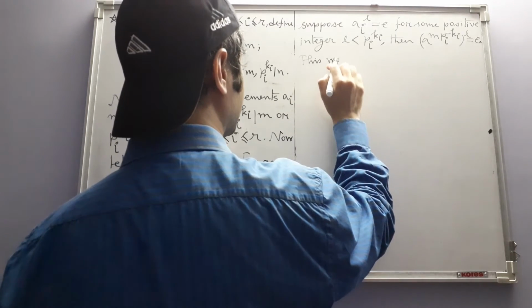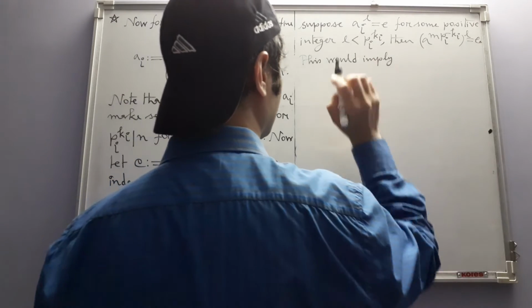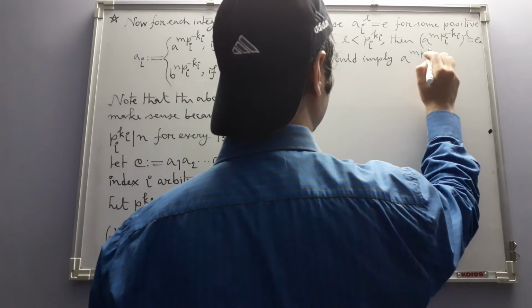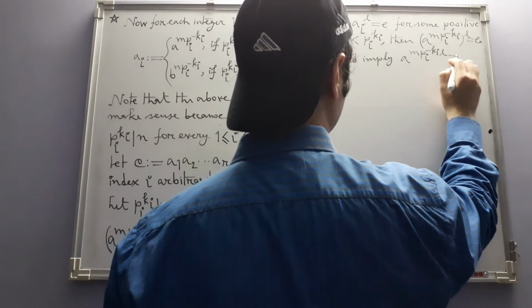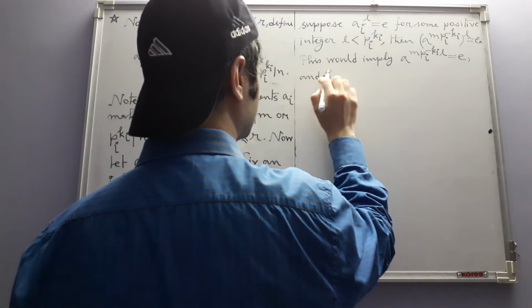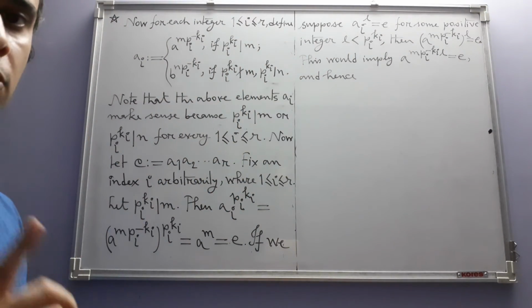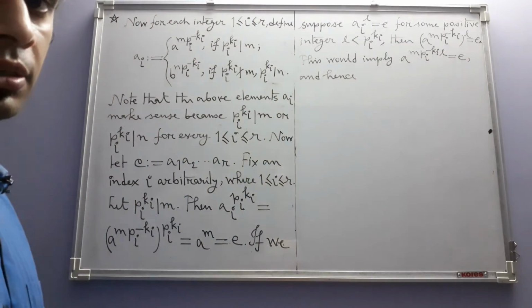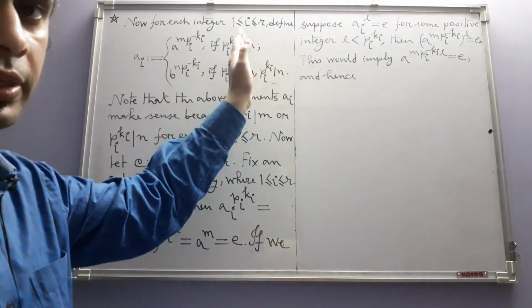This would imply a to the power m times p_i to the power minus k_i times l is equal to identity, and hence, since m is the order of a and this integral power of a is equal to e, m will divide the exponent, again by that exercise 36.